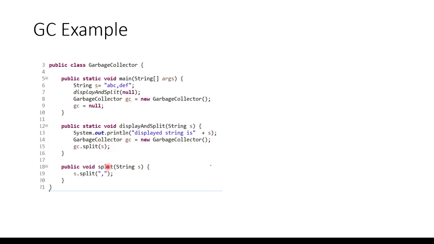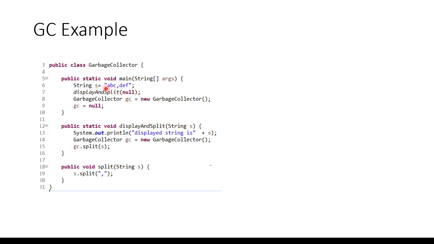In the main method, we created a variable s of type string, and we call the display and split method by passing the s value.